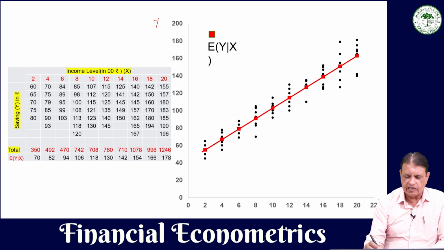These conditional means are joined together and we get this line, which we call the population regression function. This is our population regression line or population regression function, whatever you prefer to call it. Population regression function means finding the conditional mean of the dependent variable which is associated with values of the independent variable.